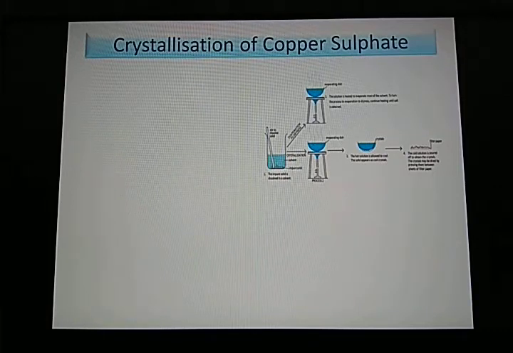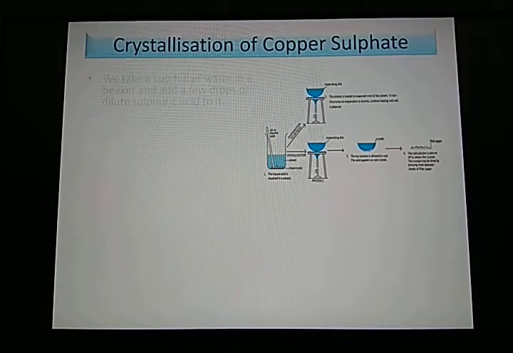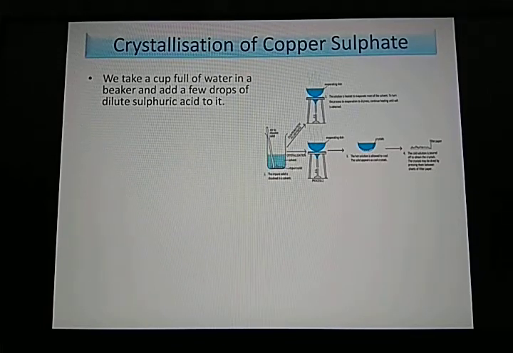For that, we have to set up an experimental setup. As you can see in the figure, there is the experimental setup for the crystallization of copper sulfate. One by one, we are going through the procedure now. First of all, we have to take a cup full of water, or you can say a beaker full of water.